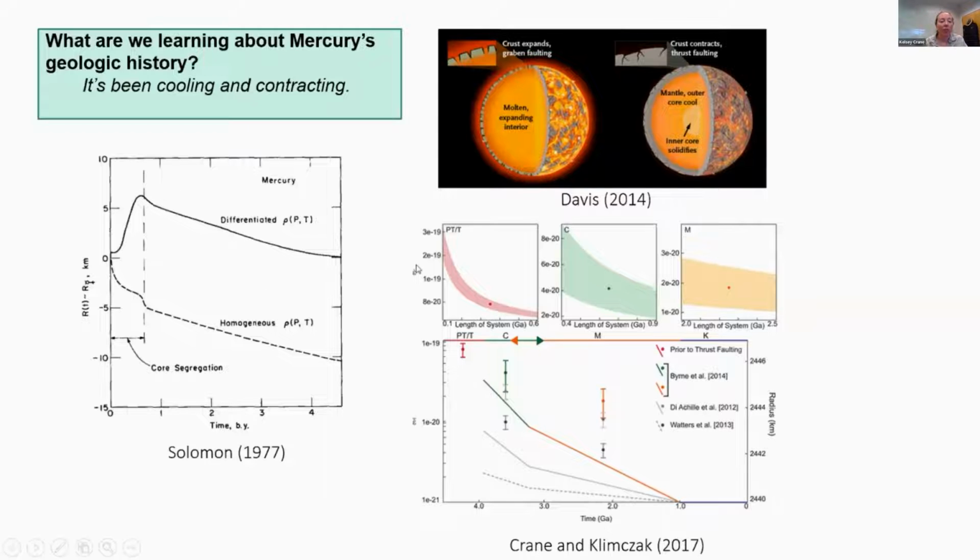We can also look at that with modern data sets. So I did that with MESSENGER data because we did have a global data set. And because we have a global data set, I was able to derive global average strain rates for each of these time periods. I did this by timing based on stratigraphic relationships between impact craters and faults. So really old faults are going to be cut by old craters, really young faults cut by young craters.